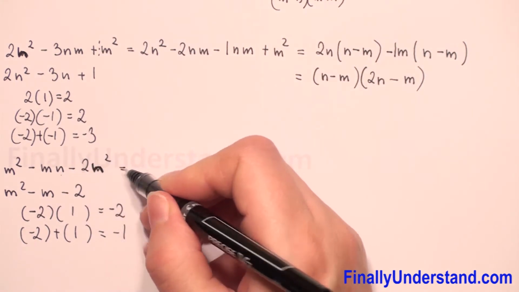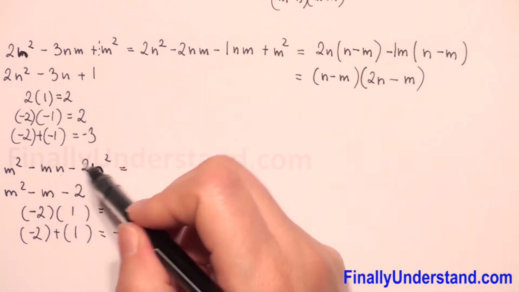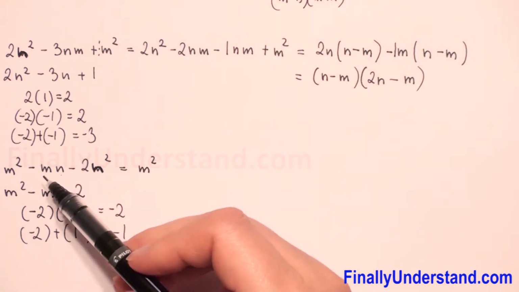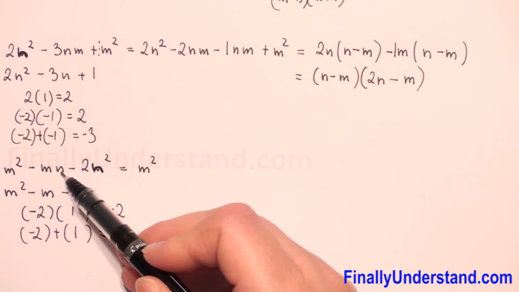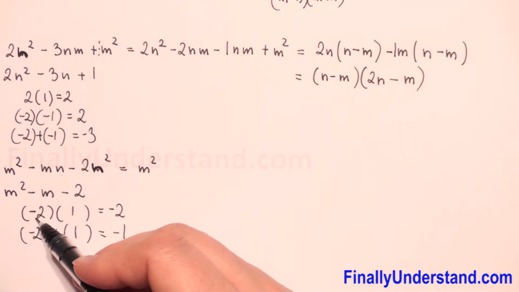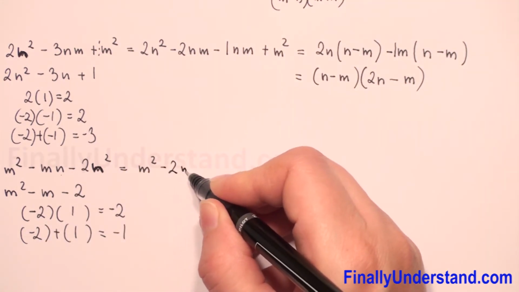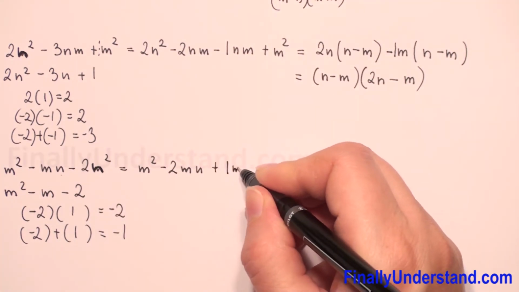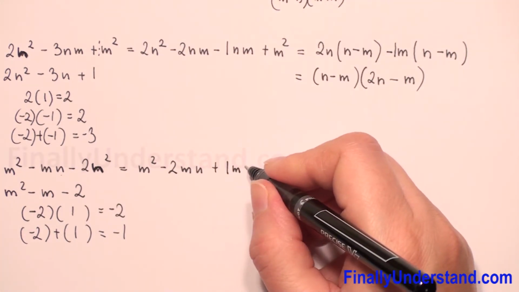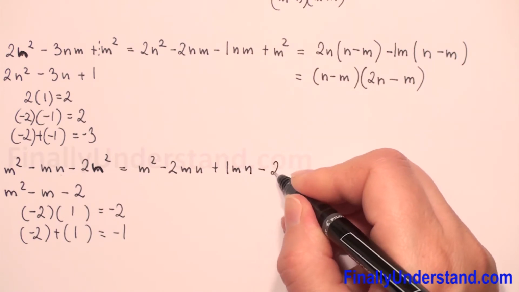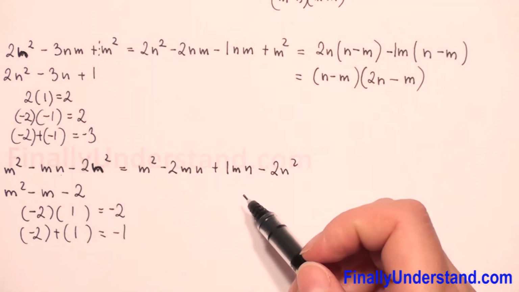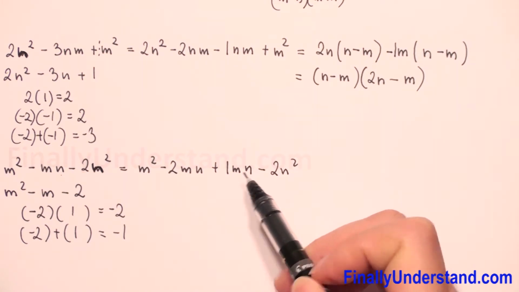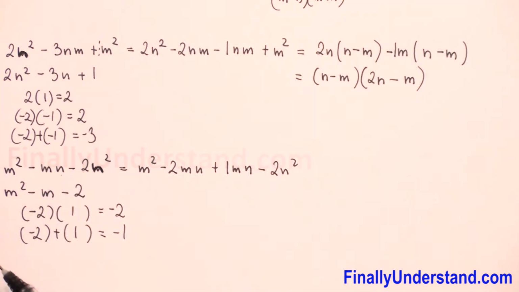So now we can rewrite our third denominator. M squared we copy, and now negative mn we can rewrite as negative 2mn and next plus 1mn. And we copy negative 2n squared. You see, I didn't change anything, because negative 2mn plus 1mn is negative mn, still the same.